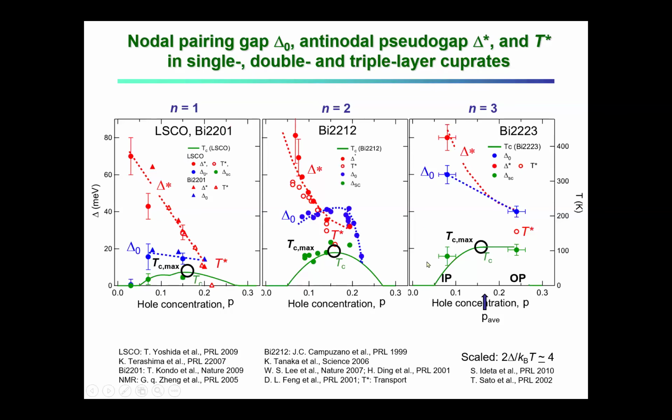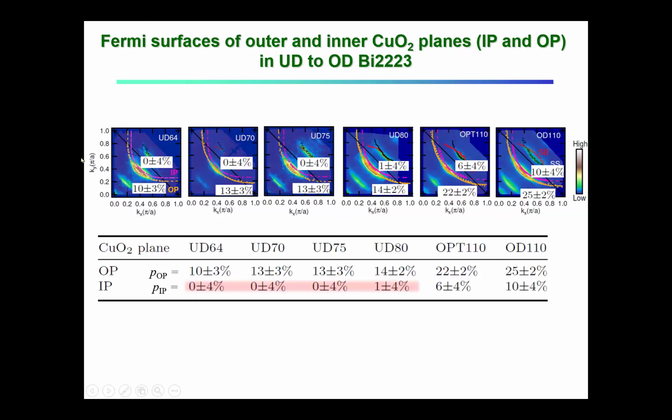So we have studied many samples in this range and looked at the Fermi surfaces. As before, we observed the inner layer Fermi surface for the inner plane and the outer plane for all the dopings. But actually, the doping of the inner layer is really so small that we couldn't pin down the doping level because there are no antiferromagnetic hole pockets.